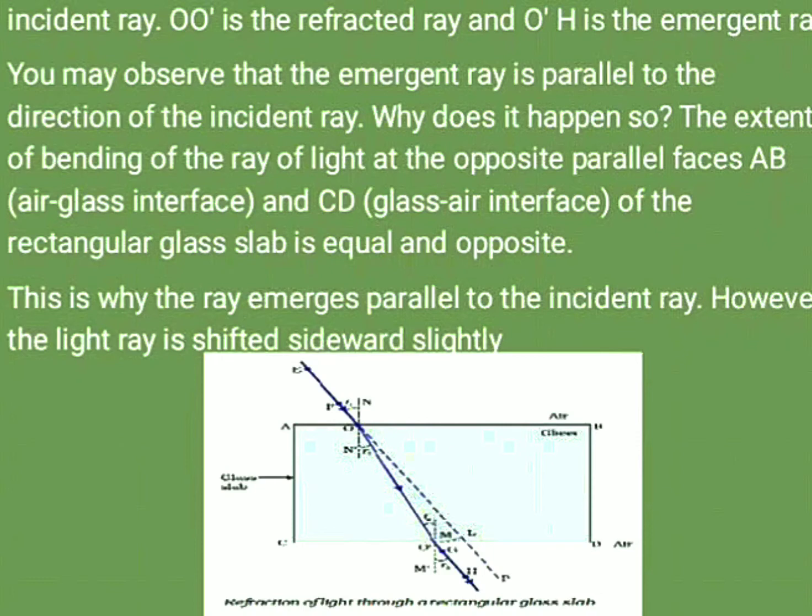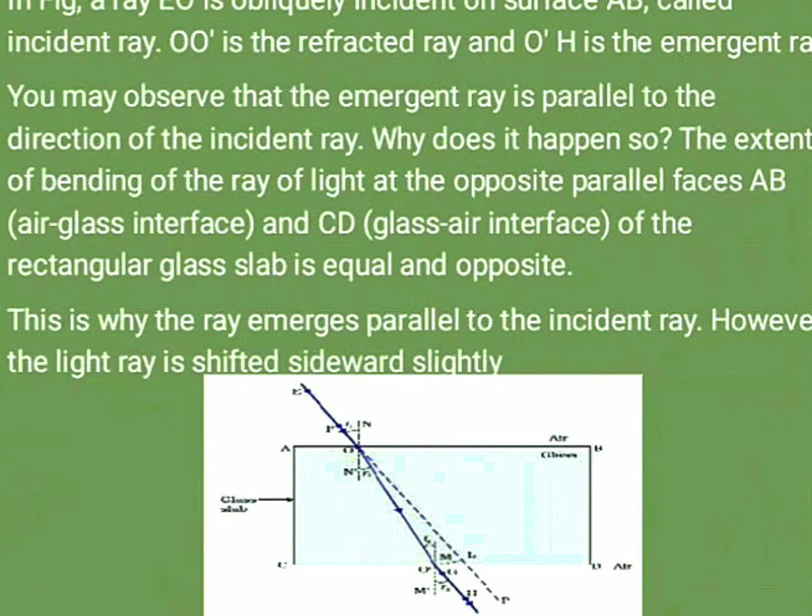Again, when light comes out from the glass-air interface, the emergent ray has again changed its position. So, there is a slight sideward shift of the emergent ray compared to the direction of the incident ray, which was the actual direction. This slight shift is known as lateral shift.